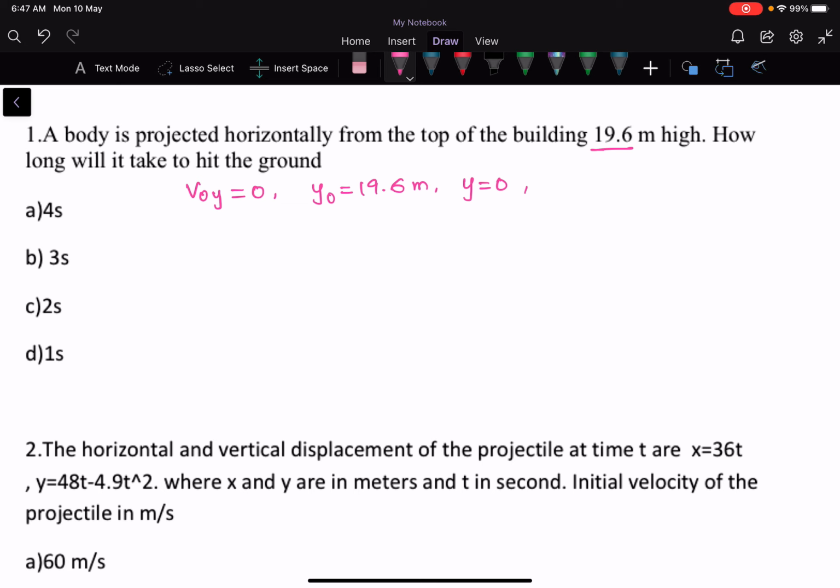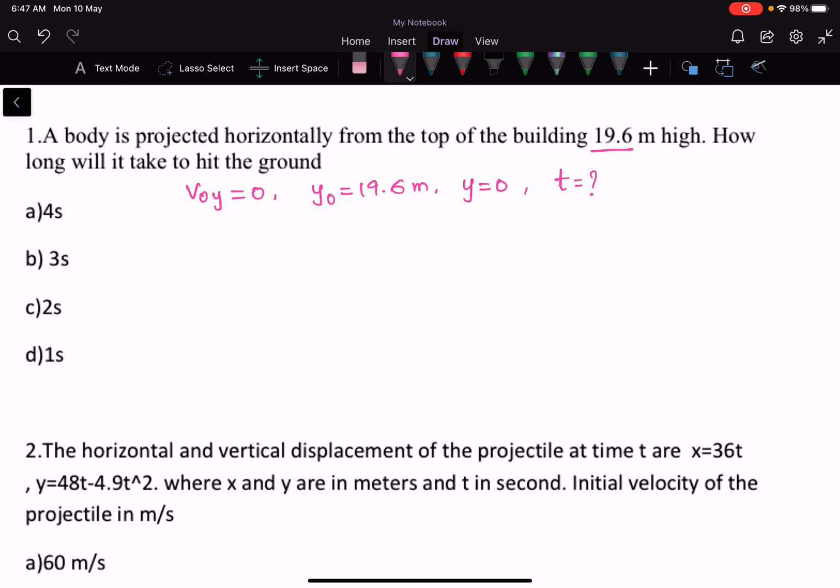So how long will it take? That means we need to find the time taken, t. We know v0y, y0 and y, and we need to find time. So we use the second equation of motion, y minus y0 equal to v0y times t minus half g t square.